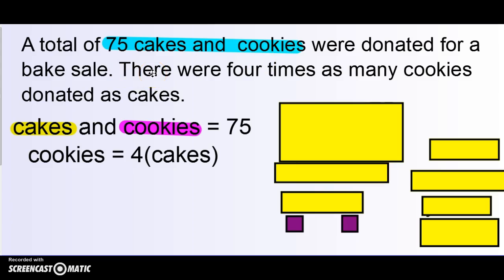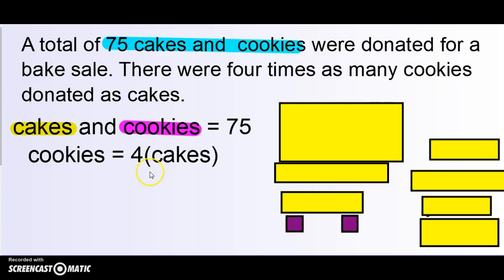Here's where you have to process. There were 4 times as many cookies as cakes. So think of it as, I have to multiply 4 times cakes to make it equal to what cookies were donated. I know it sounds a little bit opposite. Before we used to read straight in a row and make that 4 times the cookies.